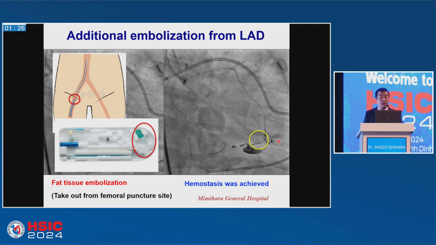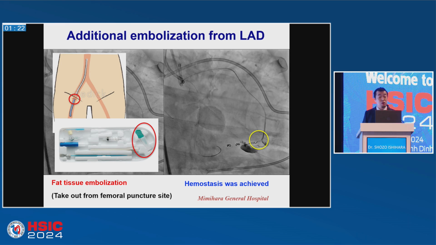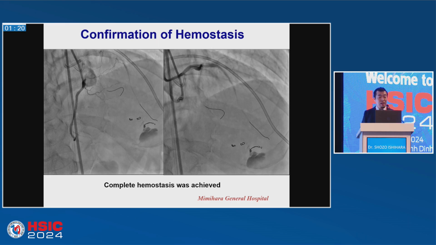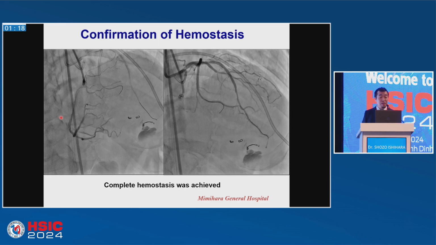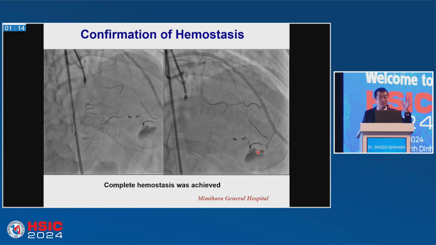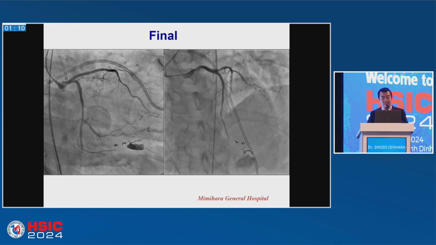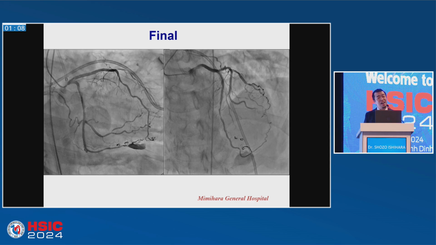So the LAD side also stopped bleeding. This side RCA, this side LAD, the CTO was opened, and hemostasis was achieved. So this is the final result. It's an acceptable result.